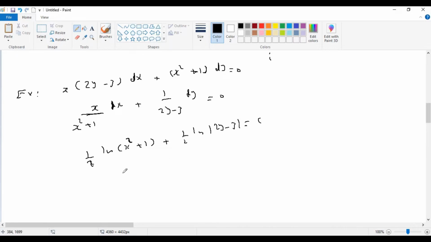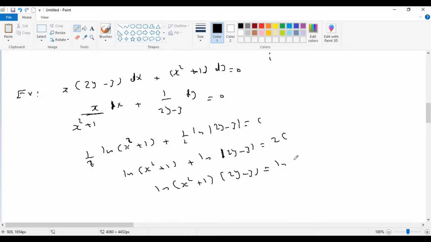I can write it as ln (x squared plus 1) plus ln |2y minus 3| equal to, multiplying by 2, 2c. Then I carry this one as one ln (x squared plus 1) multiplied by (2y minus 3) equal to c.